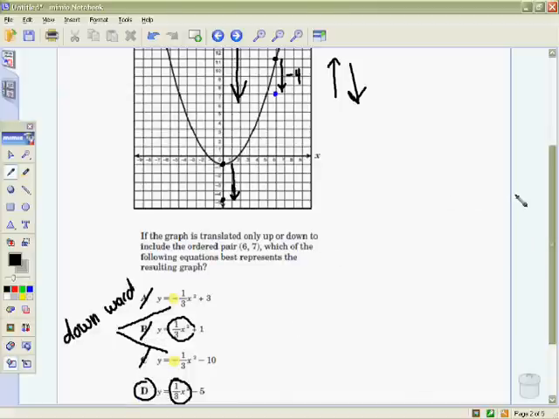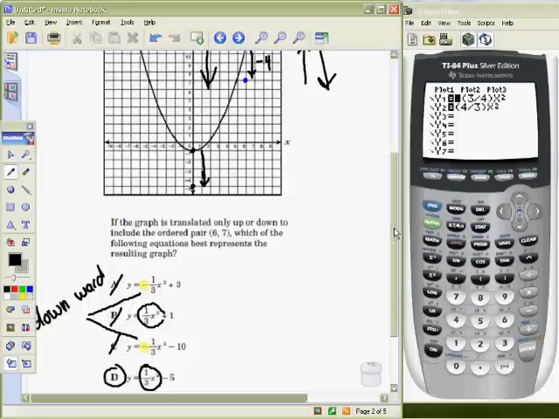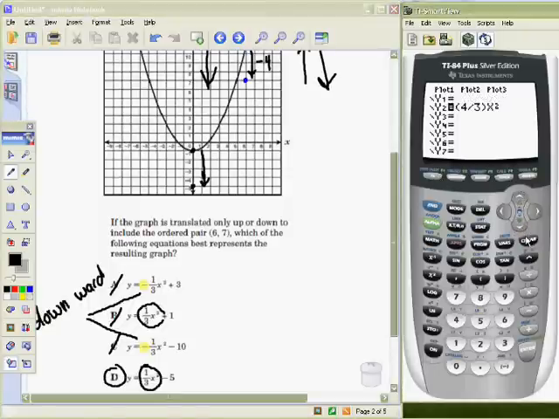Another method for doing this would be to simply take each one of these answer choices, one by one, and put them in your y equals and see which one matches. For instance, I'll go ahead and put in the one that worked, but you would go through each choice, putting them in, and see which one matches the graph given.